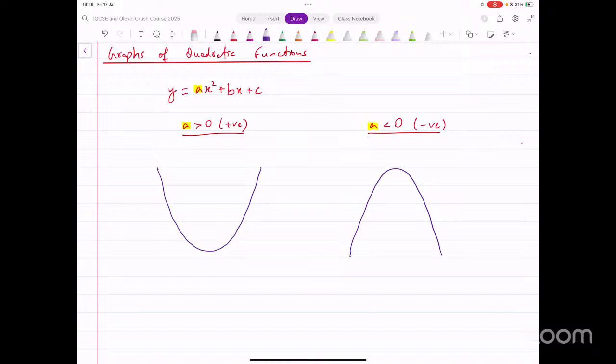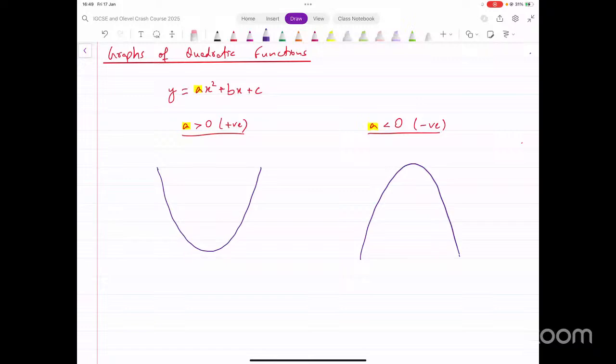A lot of you would know this as a smiley face, the first one, and a sad face, the second one. You can remember it like that as well. But these are the two possible quadratic shapes that you can have. It can either be a U shape or it can be an N shape. These are the only two possibilities that you can have.